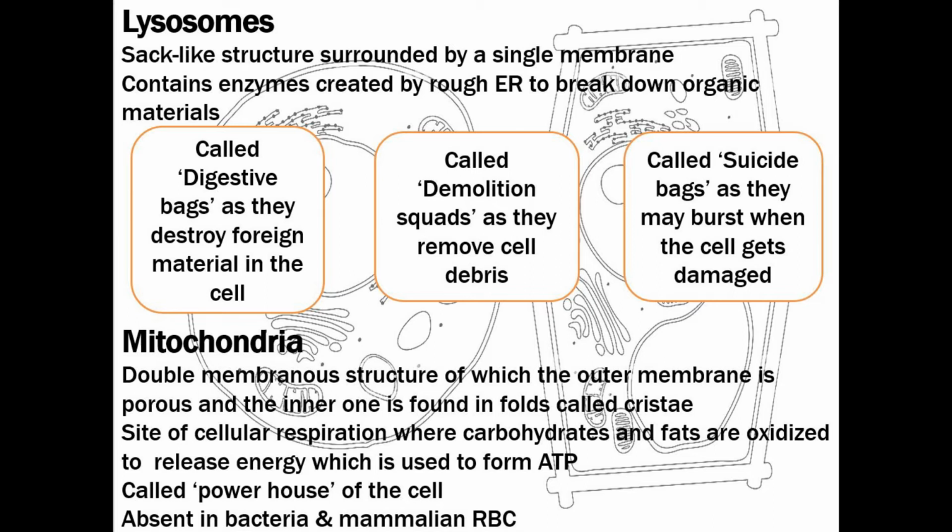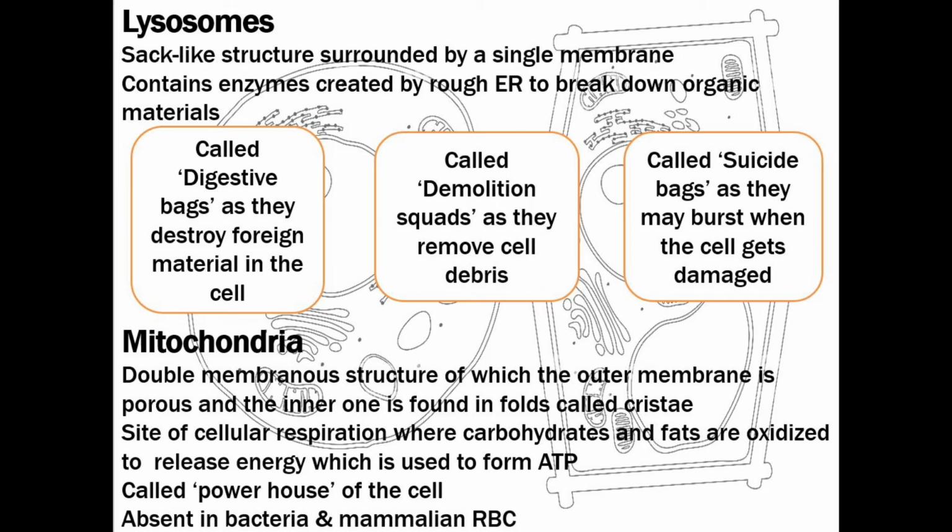If you have ever had sausages, then this looks like a sausage with some kind of stripe inside it. The outer membrane is porous and the inner one can be folded.